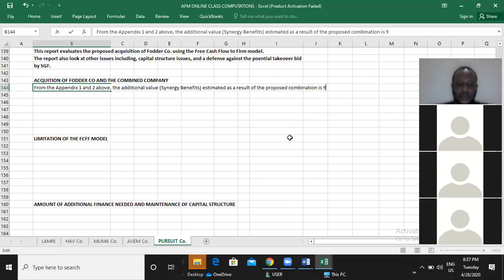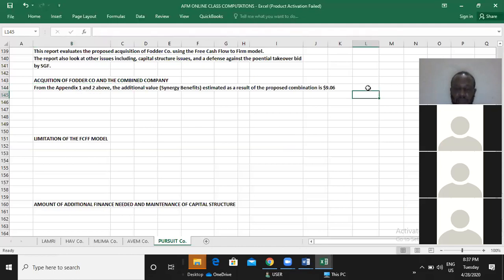How much is that? 9.07 or something. 9.070 million.